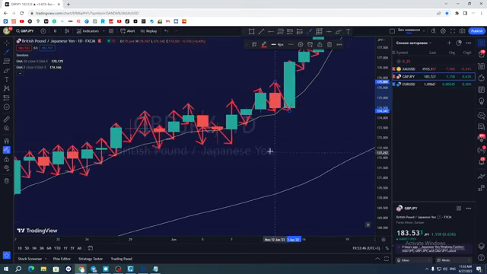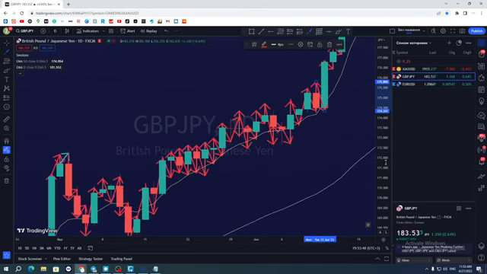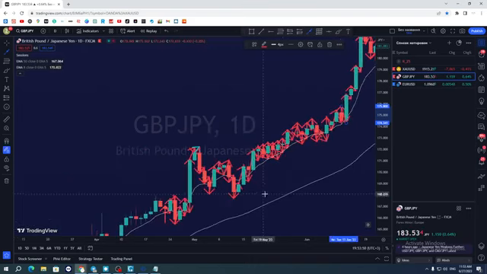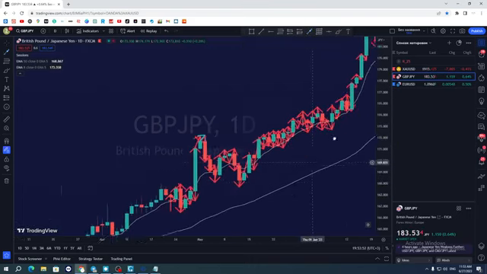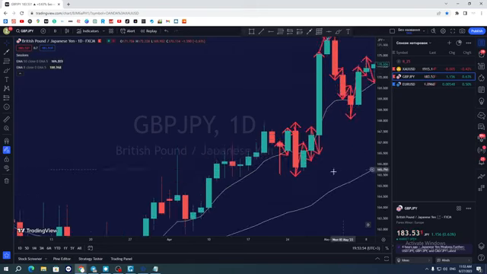So yeah, guys, that's the way I'm reading the market structure. And look, if you're taking it on average, I'm going to show you how many times you could be right.